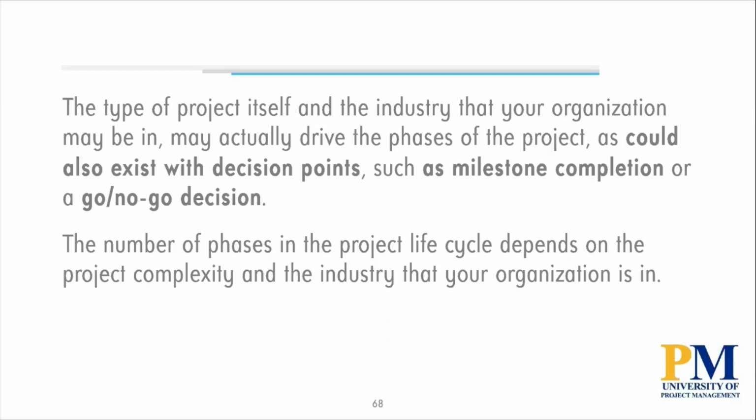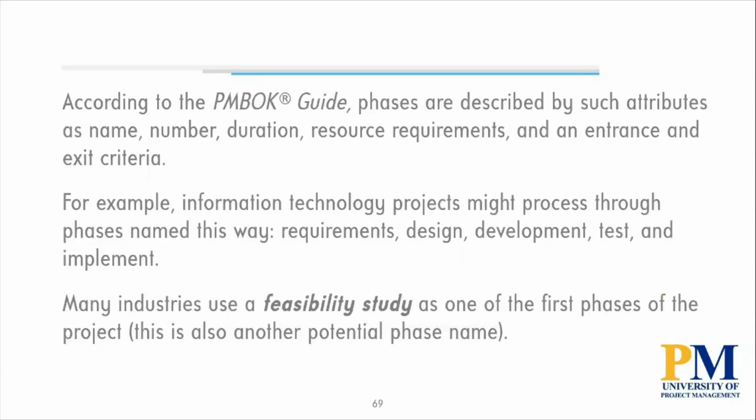The number of phases in the project life cycle depends on the project complexity and the industry that your organization is in. According to the PMBOK guide, phases are described by such attributes as name, number, duration, resource requirements, and entrance and exit criteria. For example, information technology projects might process through phases named requirements, design, development, test, and implement.